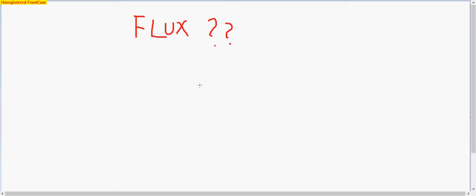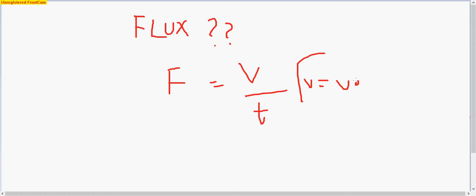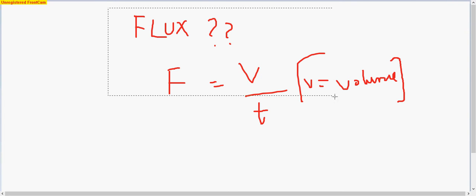Flux of a liquid is actually the volume by time, where V is volume. Now that is the flux. I don't have much more to say about flux.